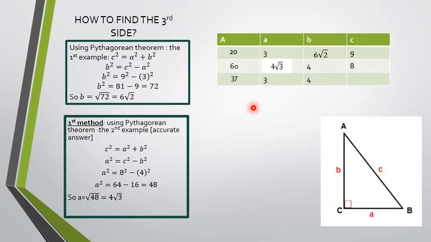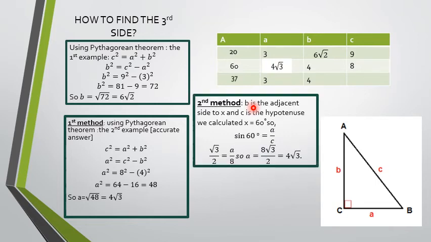Or the second method: b is the adjacent side to x and c is the hypotenuse. We calculated x equals 60 degrees. So sine 60 degrees is equal to a over c. We used this rule because everything in it is given except for a, which I can calculate through this rule.